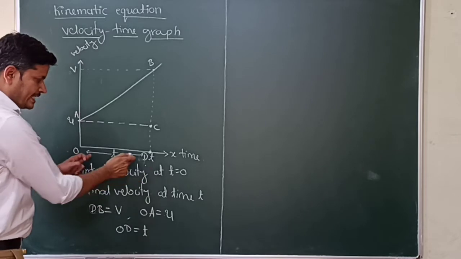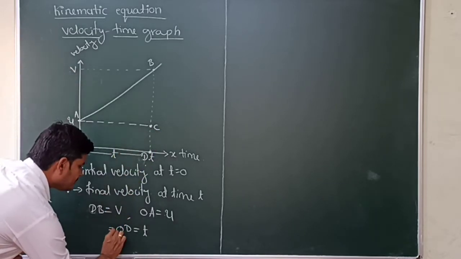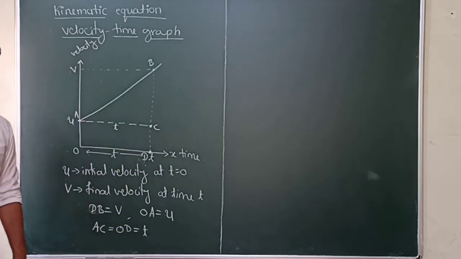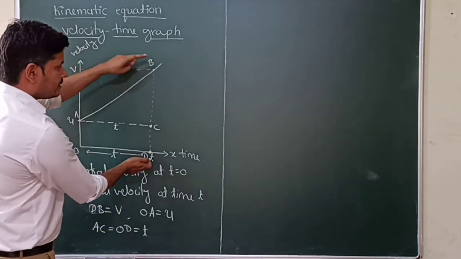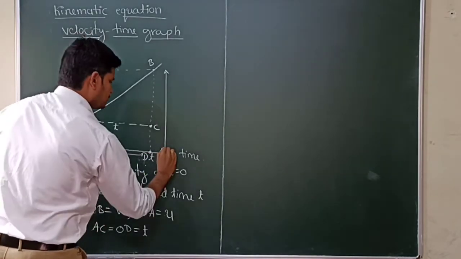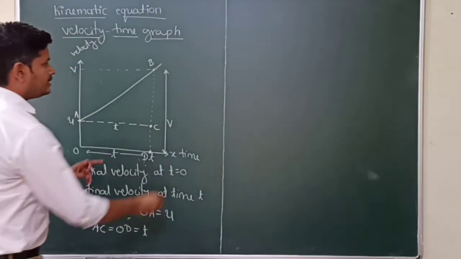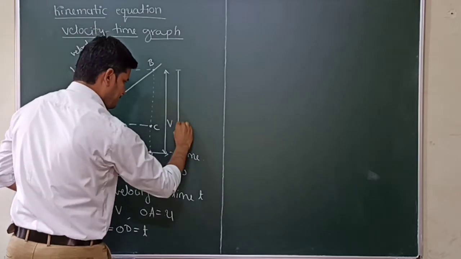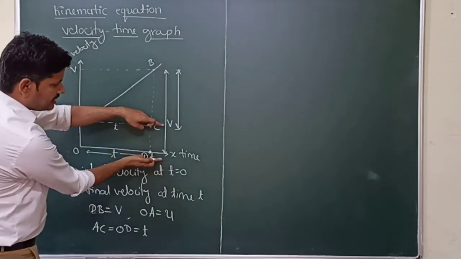If this OD is equal to t, then obviously this AC must also be equal to t. If this is v, then what is the distance BC? It is v minus u.